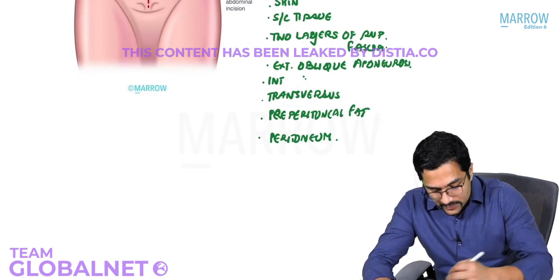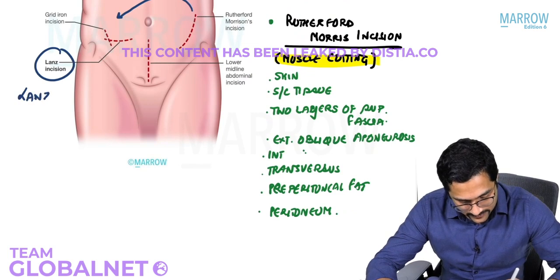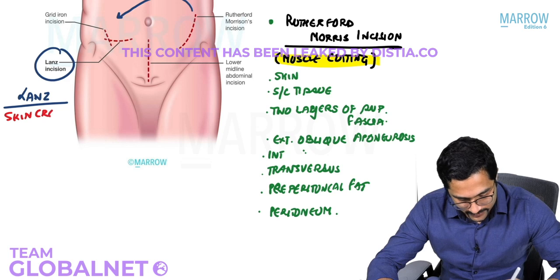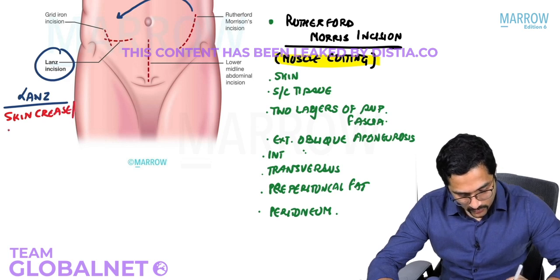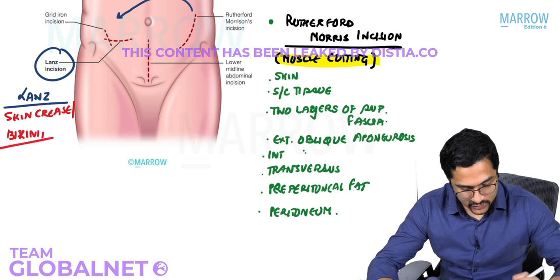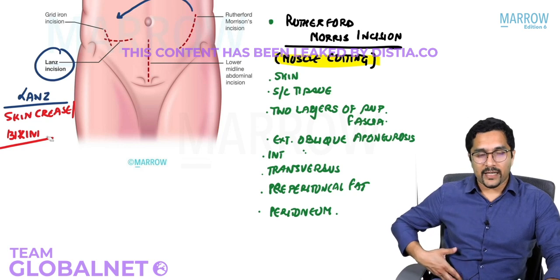Now, the other incision which can be used is the Lanz incision. The Lanz incision is also known as the skin crease incision, also known as the bikini incision. This is the incision which I got when I had my appendicectomy.